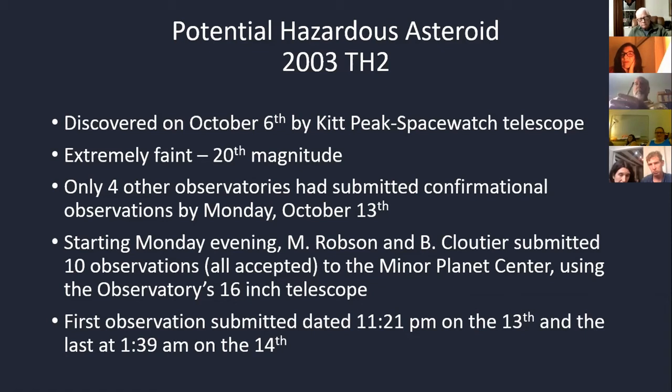They were all accepted by the Minor Planet Center, which isn't unusual. We had a very good track record as far as submitting observations. Monty Robeson is a stickler for details and an excellent observer.